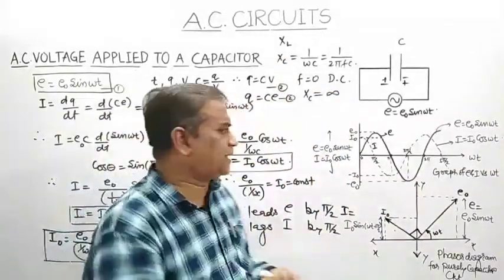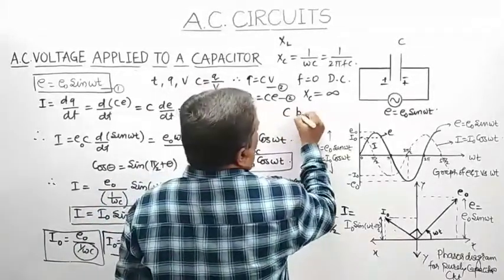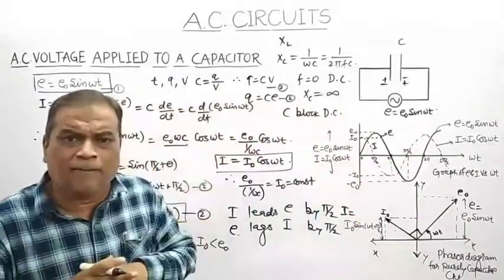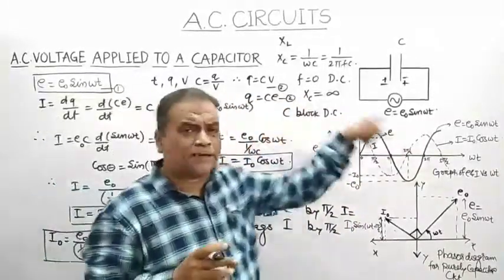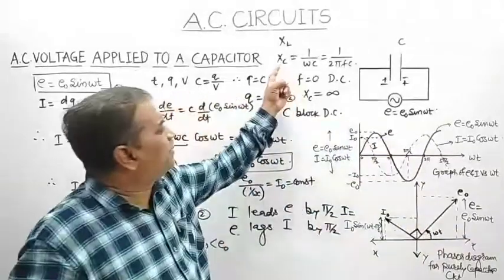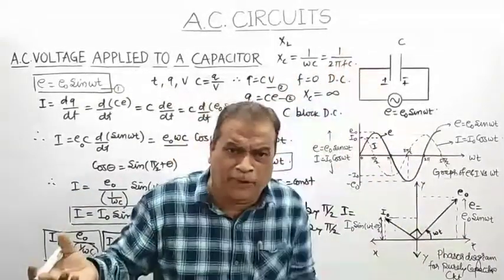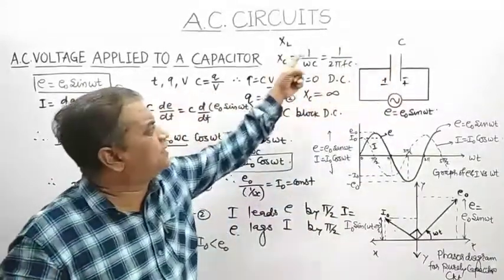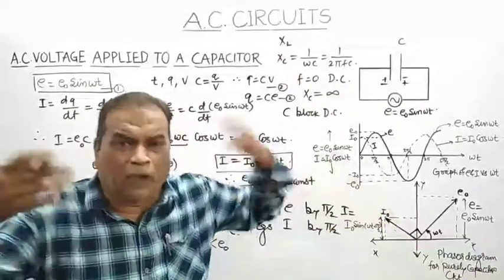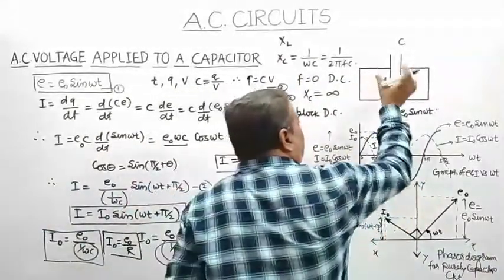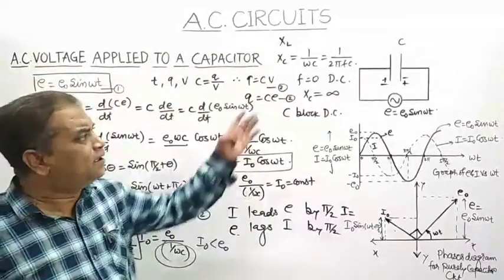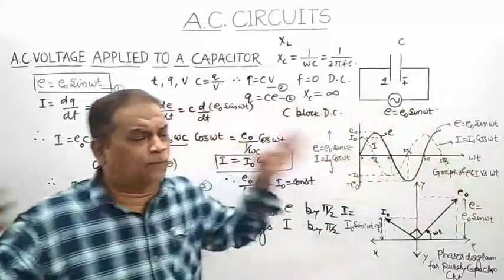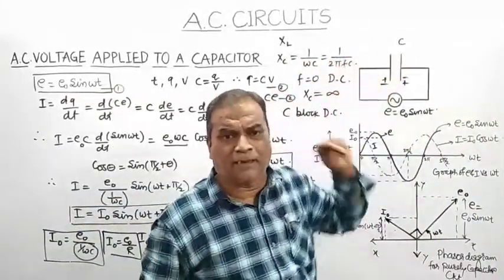In other words, a capacitor will block DC; it won't allow any DC current to pass through it. Why does it block DC? Because capacitive reactance is inversely proportional to frequency, and as the frequency of DC is 0, 1 by 0 becomes infinite. The effective resistance offered by a capacitor to the flow of direct current is infinite, so the capacitor blocks DC.